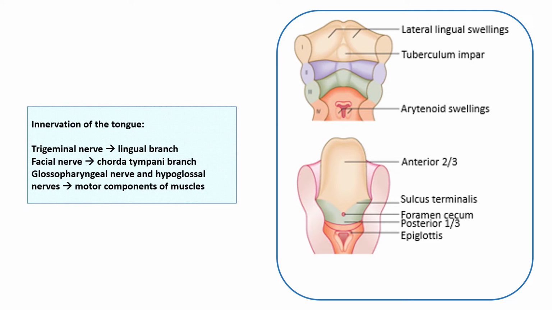Now, if we take this information and we apply it to the development of the tongue, you'll notice that the sensory supply to the mucosa of the anterior 2/3 of the tongue is from the trigeminal nerve. And this should make sense because as you can see here, this first pharyngeal arch is what gives rise to the anterior 2/3 of the tongue.